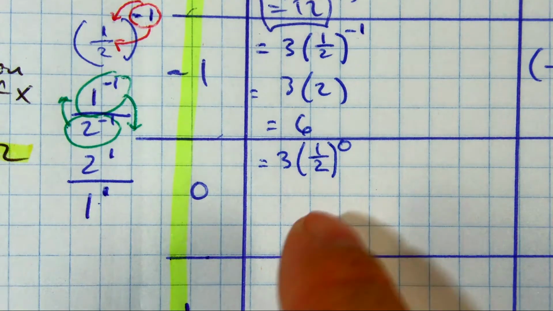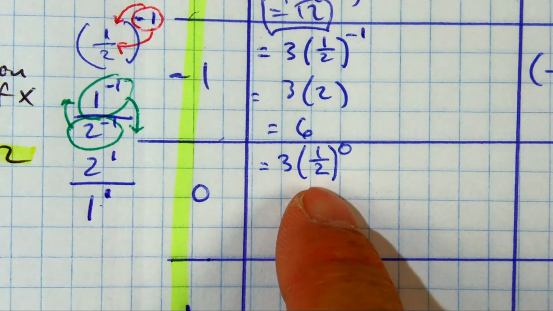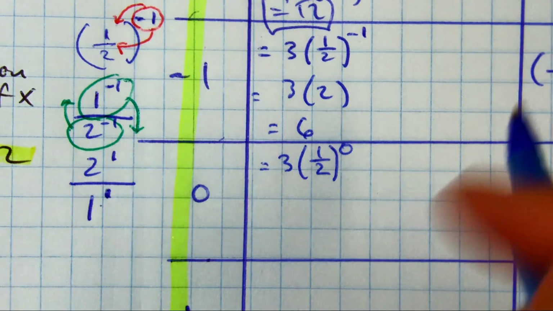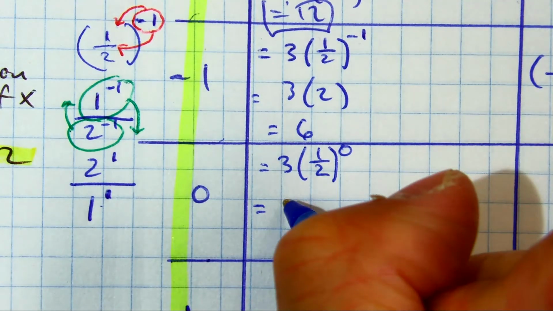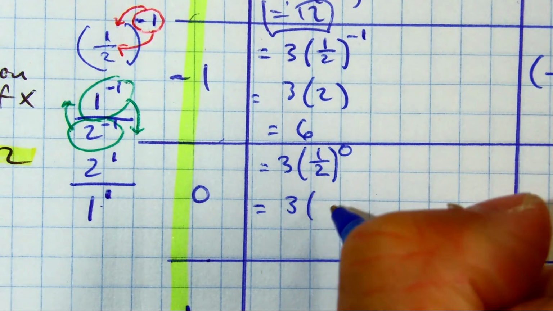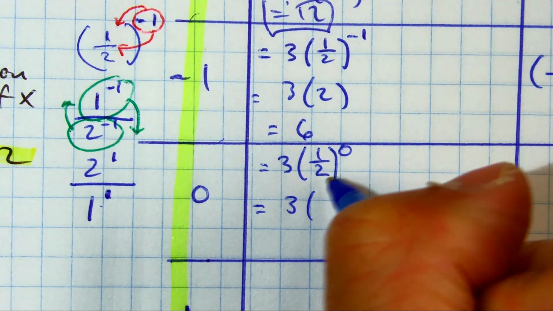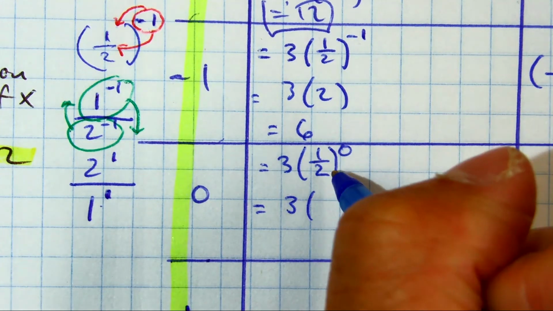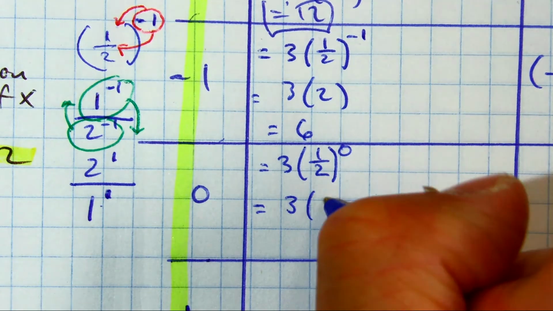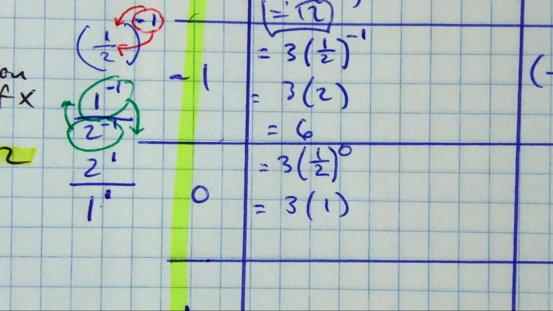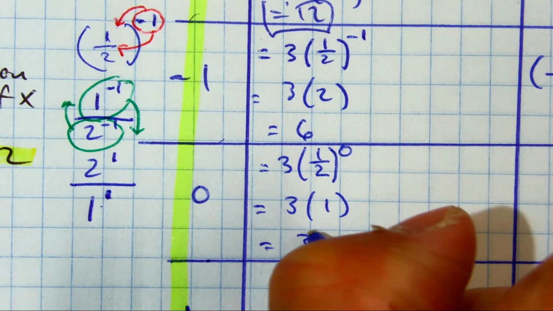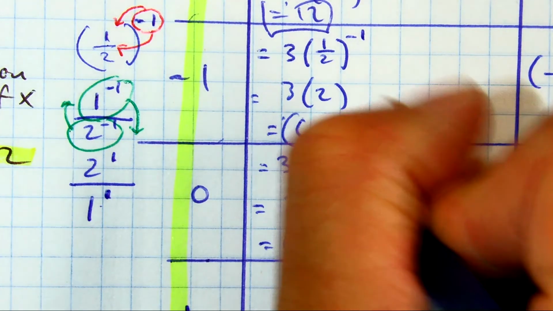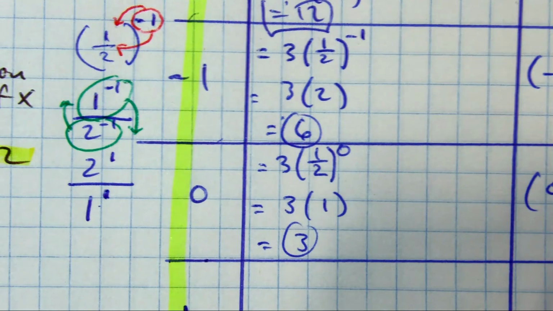What's 1/2 to the 0 power? Yeah, it's 1. So, Lupe, go ahead and simplify. 3 times 1/2 to the 0. Anything to the 0 power, Lupe? Oh, 1. And then 3 times 1 is 3. So I have 0, 3.